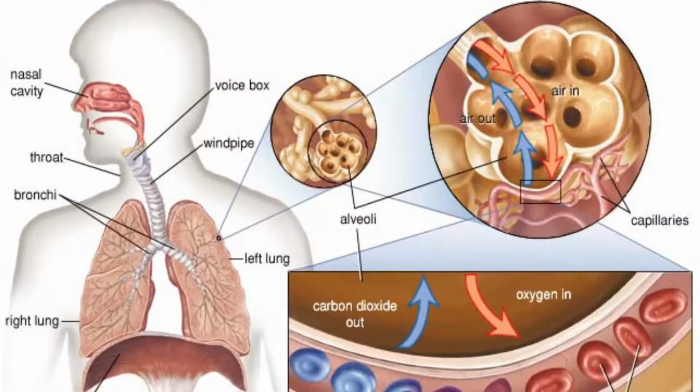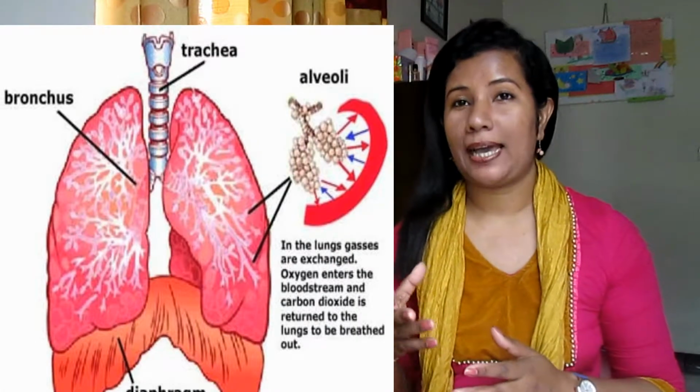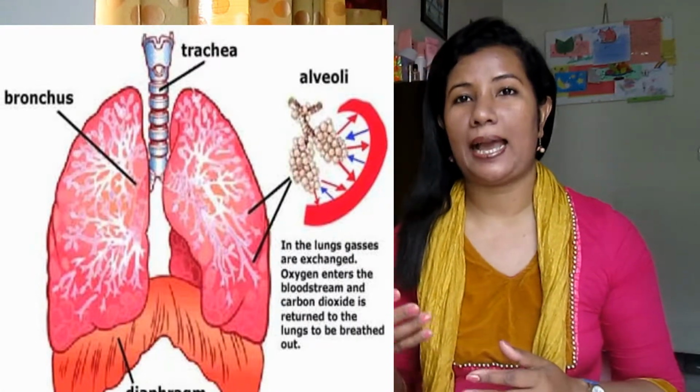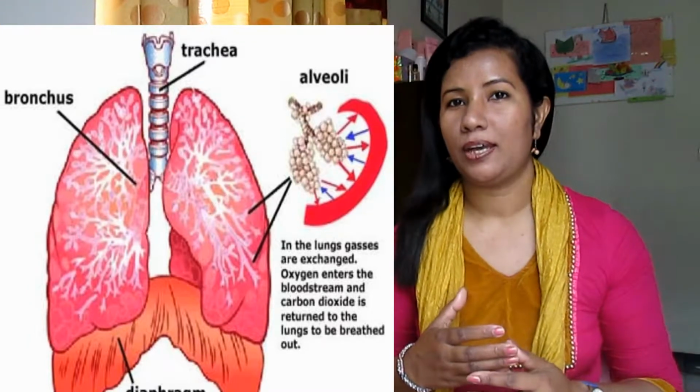Okay guys, multicellular organisms therefore usually have a specialized gas exchange surface where oxygen from the external environment can diffuse into the body and carbon dioxide can diffuse out. In humans, the gas exchange surface is the alveoli in the lungs.